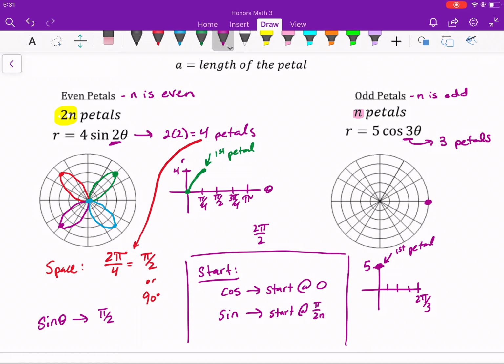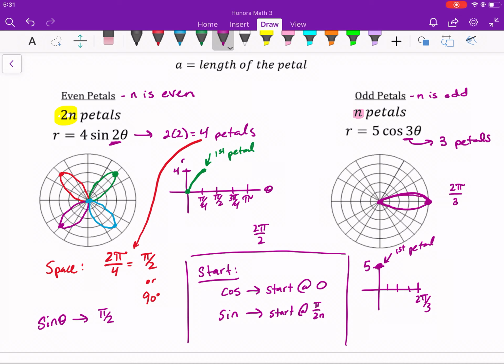Okay, so we've got our first petal over here in cosine. I'm going to draw from the pole. We've got our first petal. I'm actually not drawing this totally correctly. I'll show you how it's supposed to look in a second. But we're going to start from there. So we got our first petal right here. Each petal should be equidistant, so you can do this in degrees or radians.